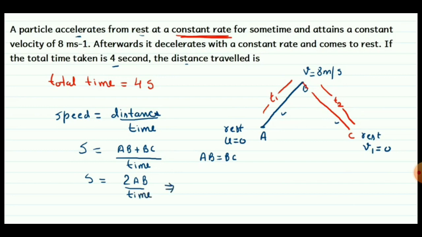So we can write twice AB by time, or twice AB is equal to speed into time. Now what is the speed given? Speed is 8 meter per second, time is given as 4 seconds, and this 2 will go to the other side. We will solve this. So by now we have found the distance travelled by the object is 16 meter. Correct?